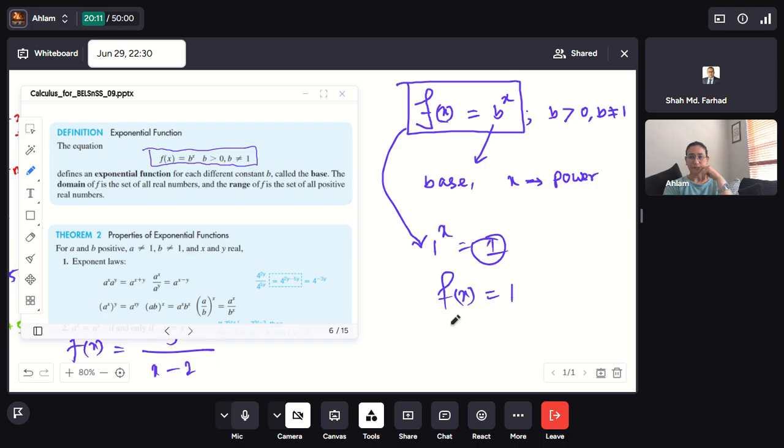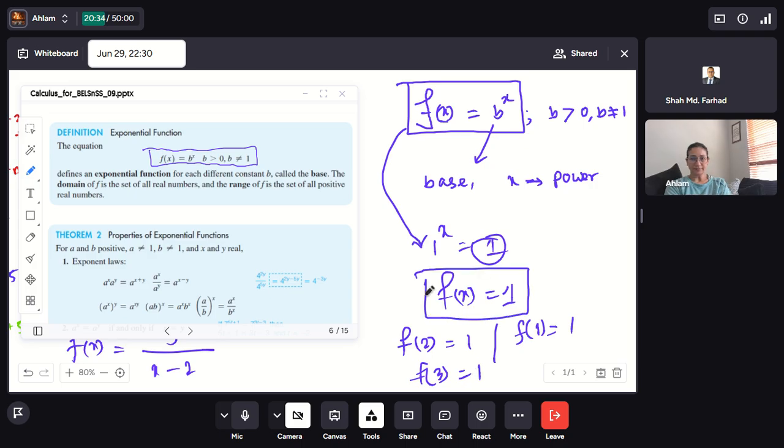If we put any number in place of x, we will always get the constant 1. If we put f of 2, we get 1. If we put f of 1, we get 1. And if we put f of 3, we also get 1. So this type of function is called a constant function.